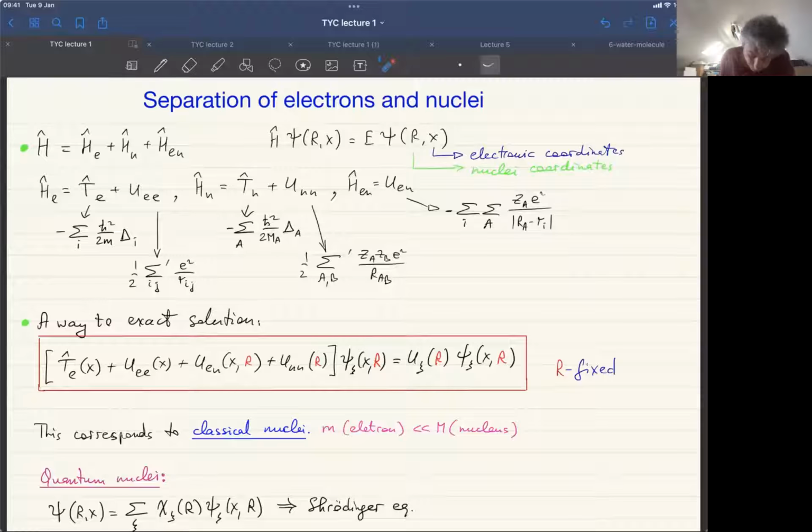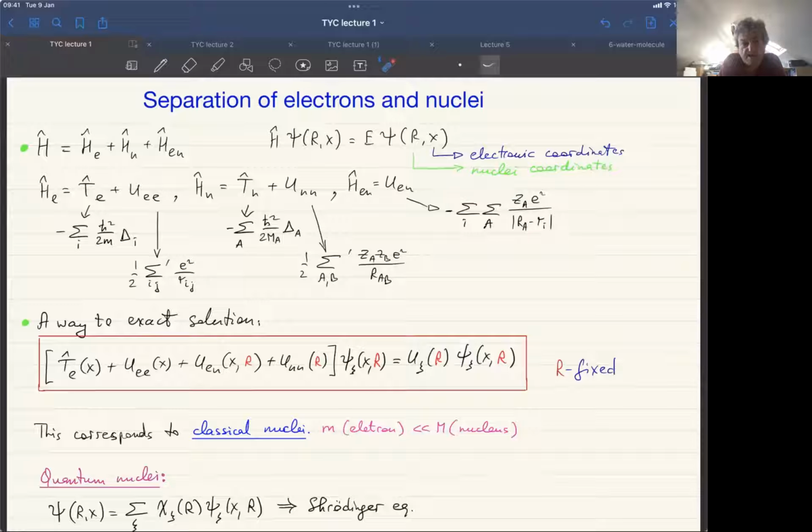Right. So this is a rather complicated problem. One argument which we can put forward is that nuclei are much heavier than electrons. And therefore, in the first approximation, one can consider nuclei frozen.